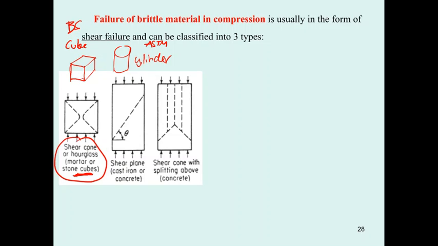And the cube is also important for concrete because of road pavement. Pavement is subjected to the force of the wheel, and most of the wheel force applies like this. So when you test the cube, it's going to be similar to that.